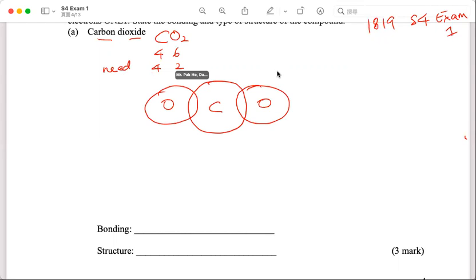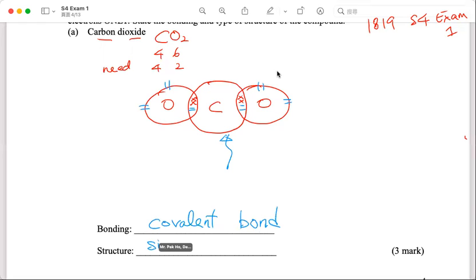As a result, carbon shares 2 electrons with each oxygen atom, so carbon is fully filled with 8 electrons. The bonding is covalent bond, while the structure that CO2 has is a simple molecular structure.